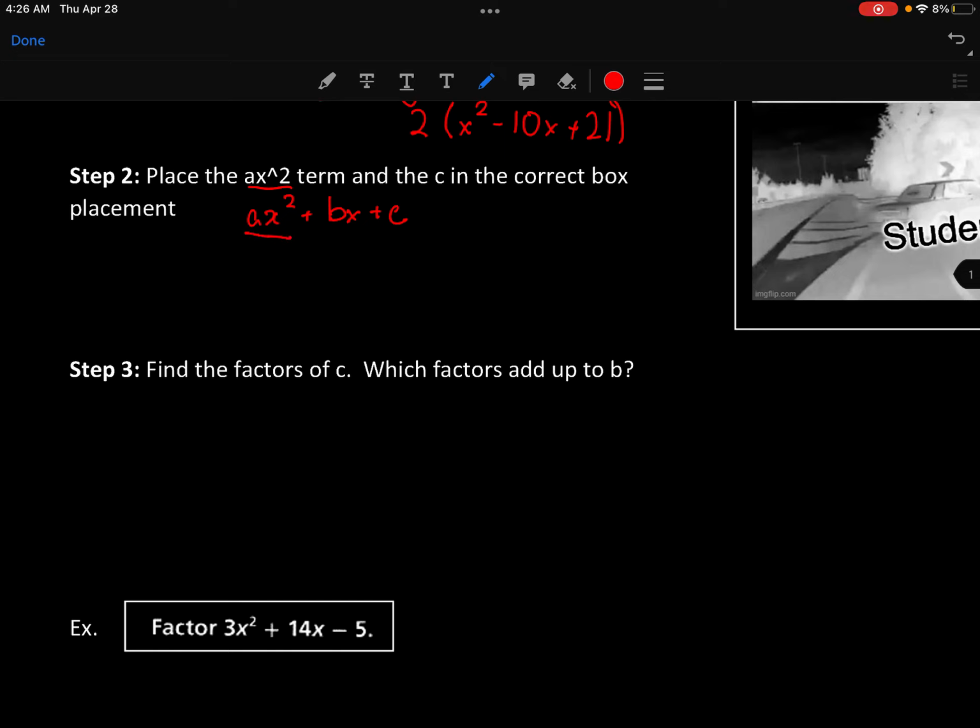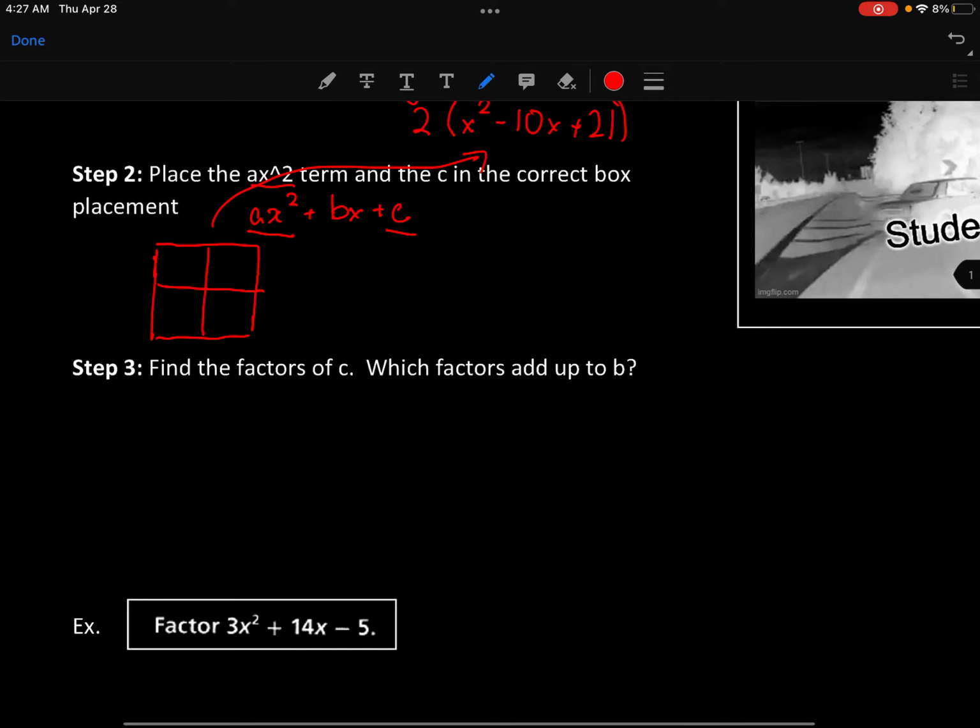So we put the first term and the last term inside the box first. Look only inside the parentheses though. If you factor something out, look inside the parentheses. So first we have x squared, and then our c is 21.